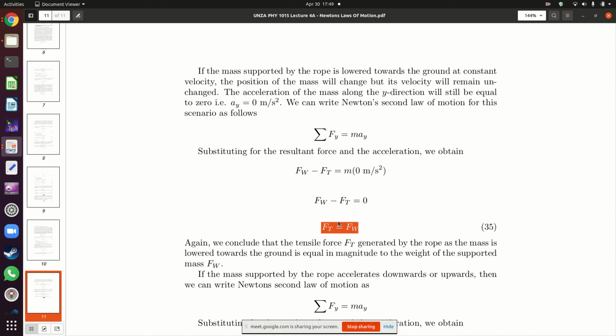In that case, if you just look at a rope or a cable supporting a weight, like in the case of an elevator, okay, people are in an elevator, and if you notice on an elevator, they will tell you this elevator can carry a maximum of 15 people, or a maximum of 10 people.